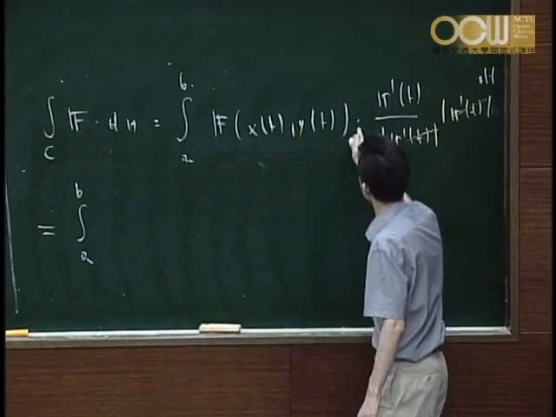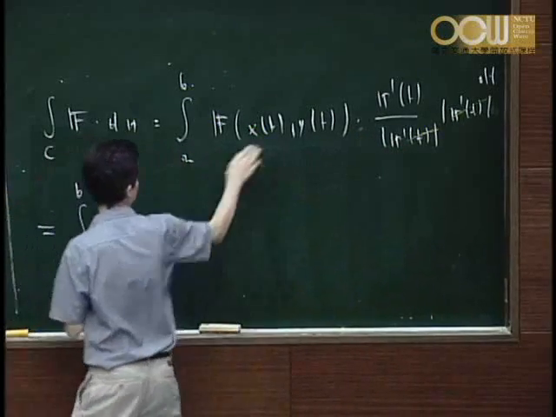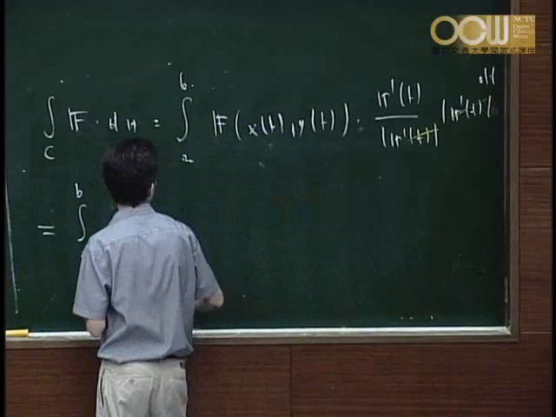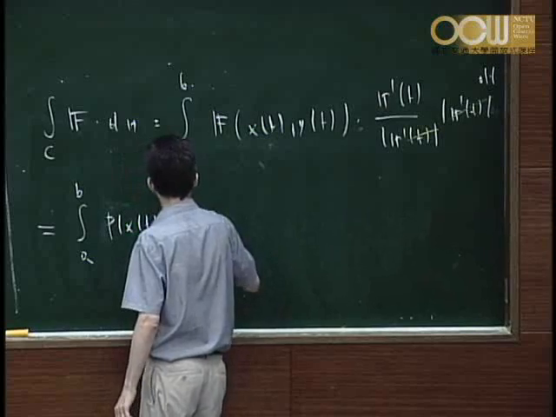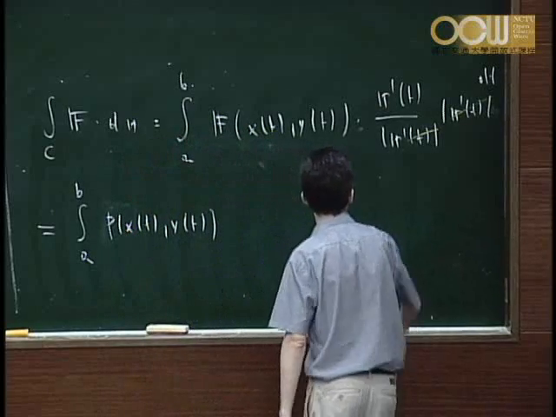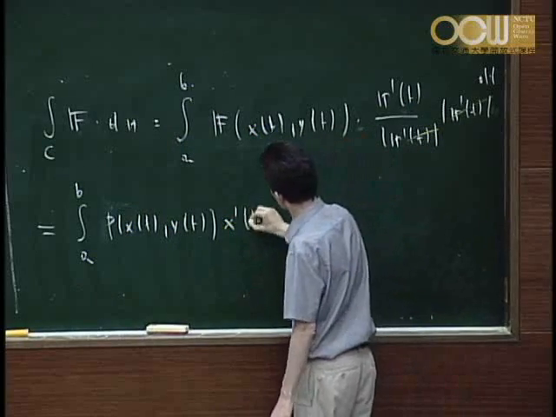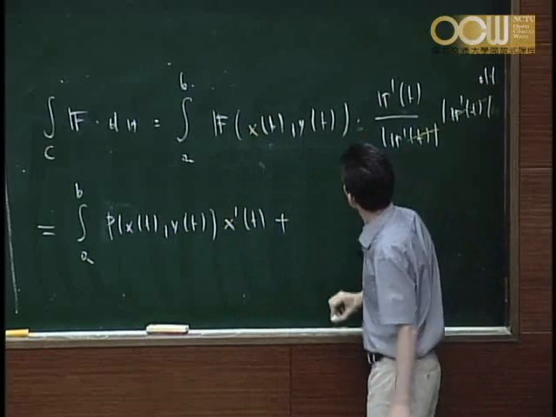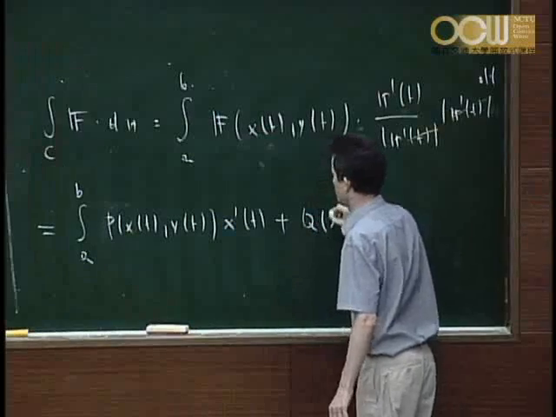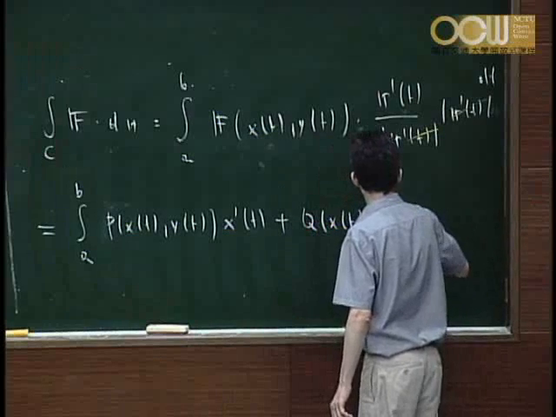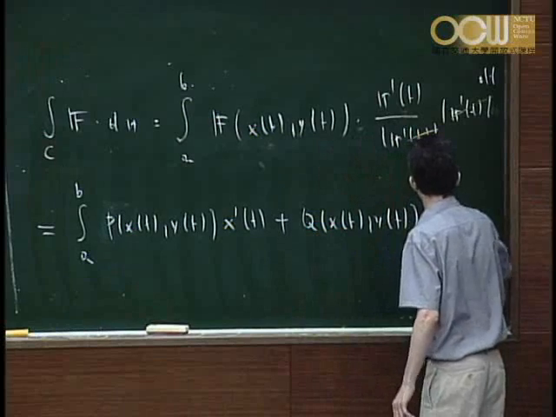This here is the dot product. So if we use our functions P and Q in order to describe the vector field, what we have is P of x of t, y of t, the first coordinate, multiplied with the derivative of this one because of the dot product, plus the second coordinate of this vector, Q of x of t, y of t, multiplied with the second coordinate of this one, which is the derivative.